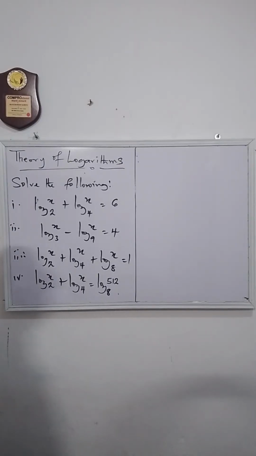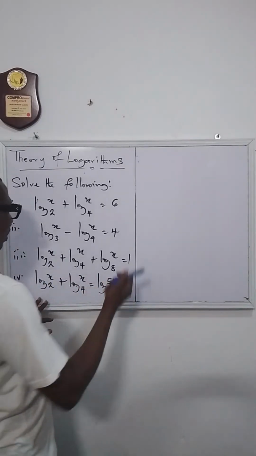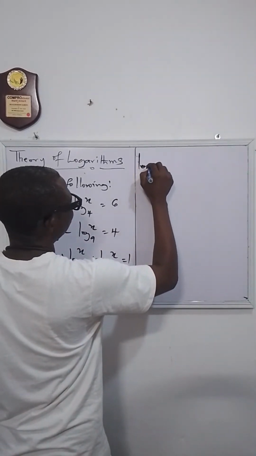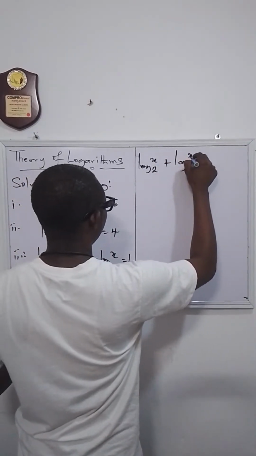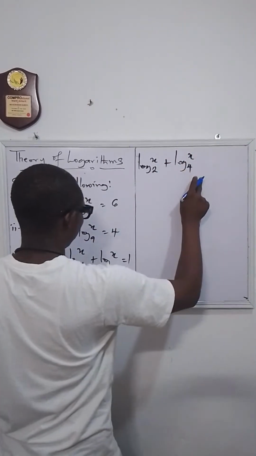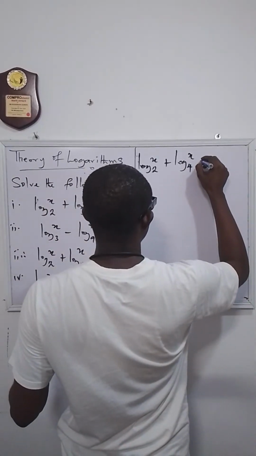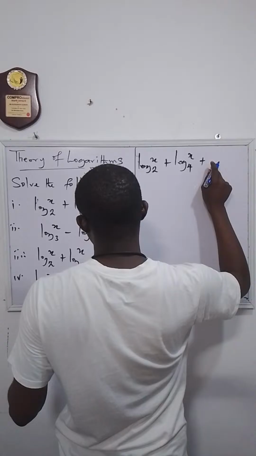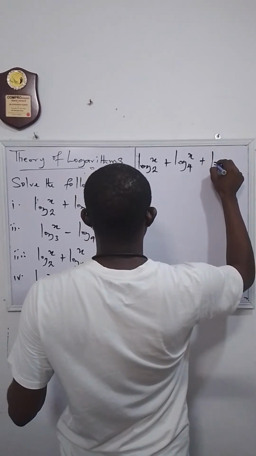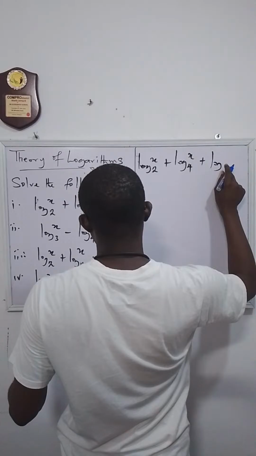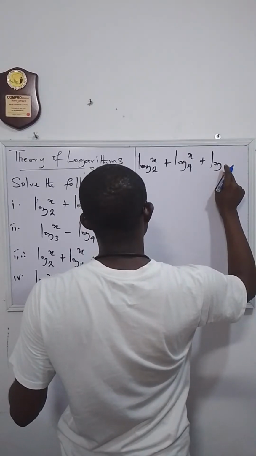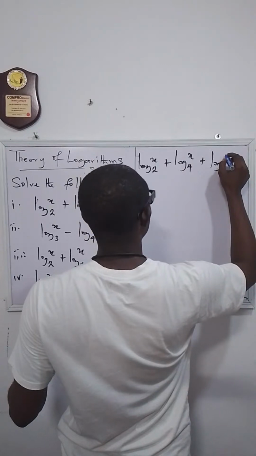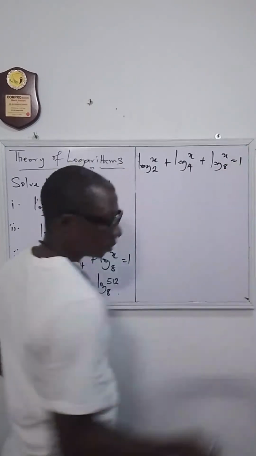Okay. So let's see. Here we have log of x base 2 plus log of x base 4 plus log of x base 8 equals 1.